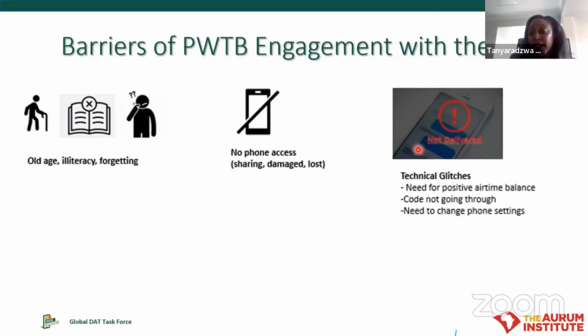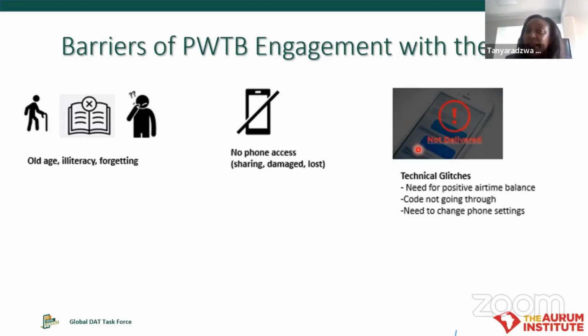And we also experienced technical glitches, which were difficult to resolve. For example, there was need for positive airtime balance. This SMS was supposed to be a free SMS, but some service providers needed patients to have at least a positive airtime balance for that free SMS to go through.